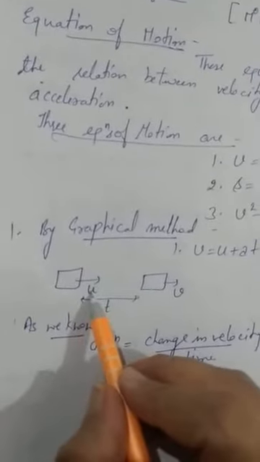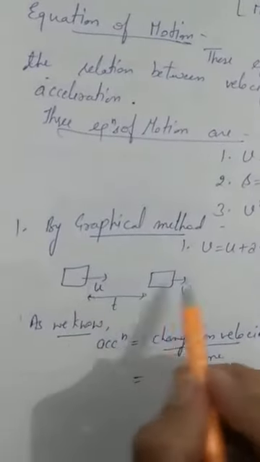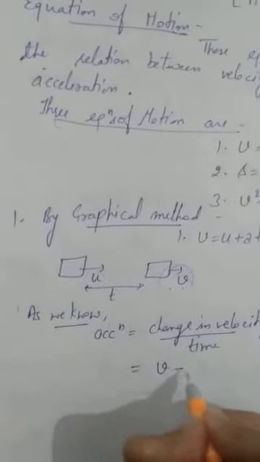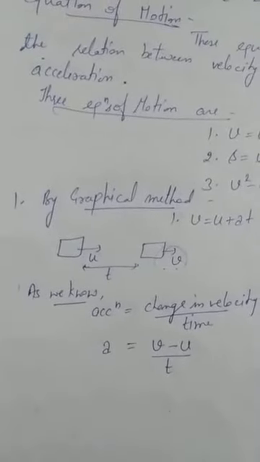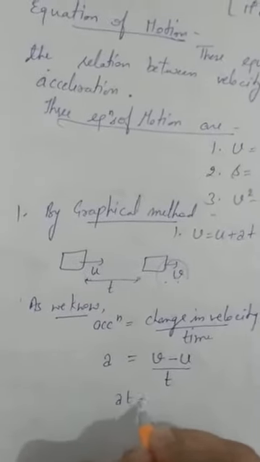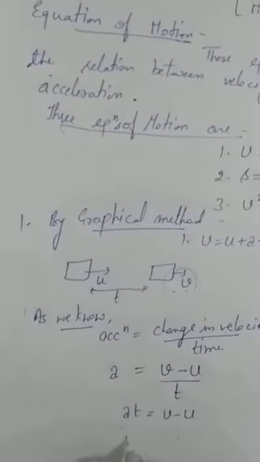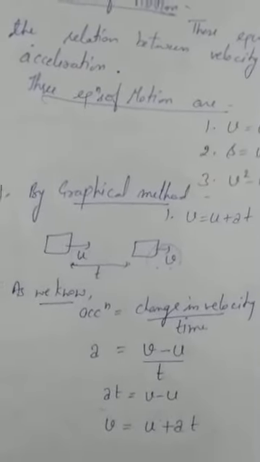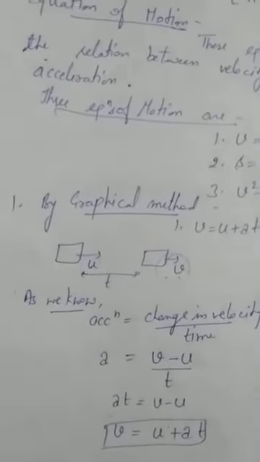Initially the object is here, and after some time the object is there, the initial velocity is U and the final velocity is V. Now the change in velocity we can write as final velocity minus initial velocity, divided by time, and here is the acceleration. Now arranging this equation, AT equals V minus U, and taking U to this side, V equals U plus AT. Clear now? This one is our first equation.